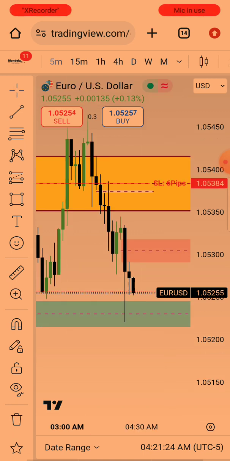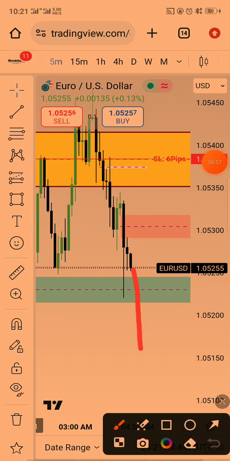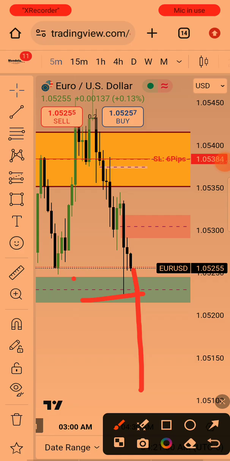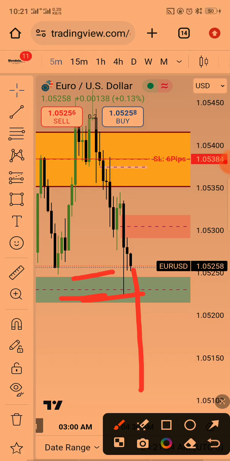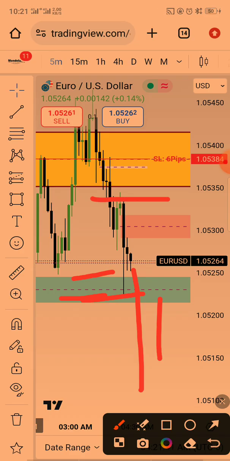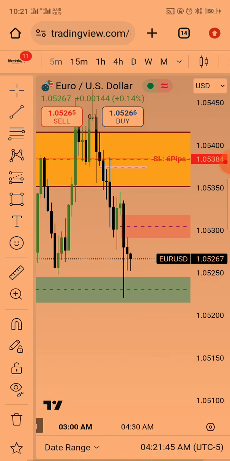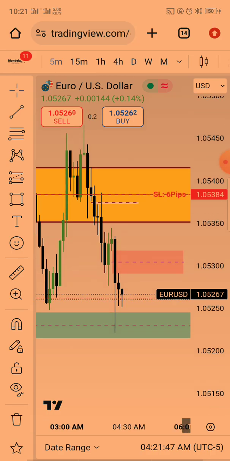Very soon, once it runs and takes out this low, it violates this green rectangle that I drew here. Once it breaks down, I will move my stop loss to this place. Then the risk is totally removed from the trade, just like I did yesterday. So now let me adjust my stop loss to this level.